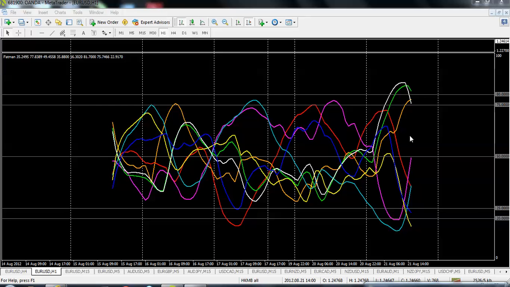Now, that's why I call this system the FX trend catcher, because we use this to get into new trends early, and that's really the key to making profits consistently in Forex. The thing that kills most Forex traders is that they don't stay in winning trades long enough.